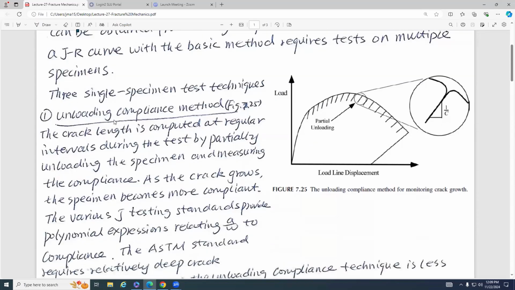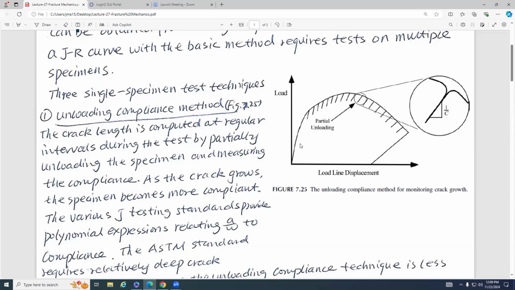Our first is the unloading compliance method, or you can just call it the compliance method. As I said, compliance is the reciprocal of stiffness. If we say this material is more compliant, it means it is less stiff. If this material is stiffer, we say it is less compliant.